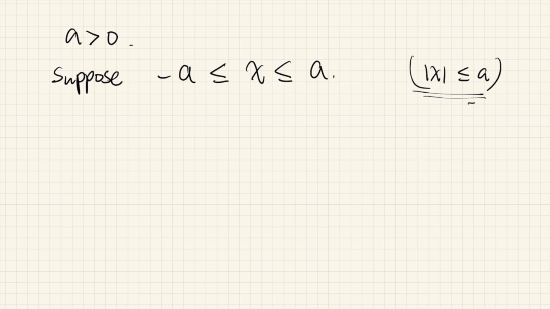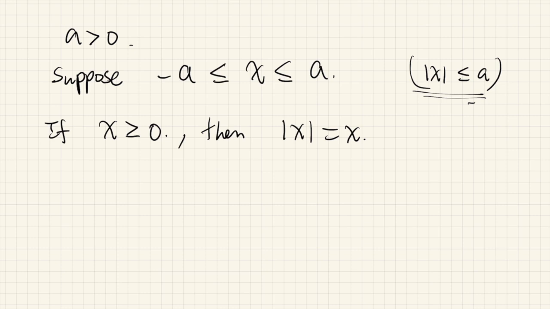Again, if x is positive or 0, then the absolute value of x is equal to x. So in this case, we can just replace x with the absolute value of x. So we have this.